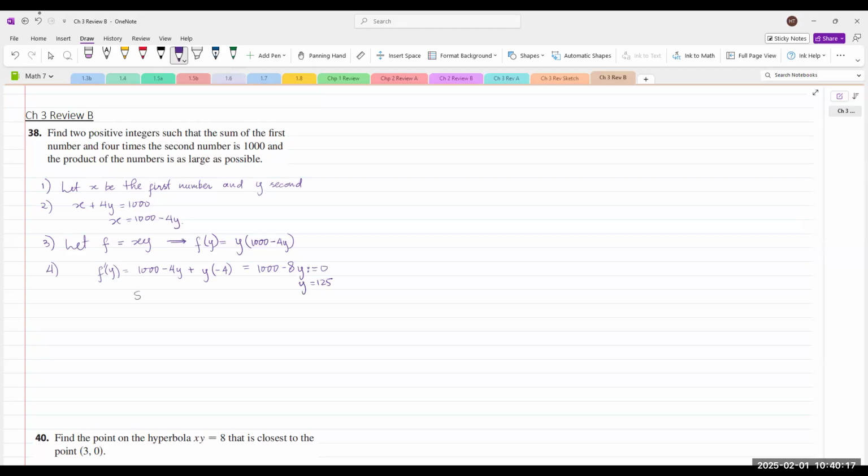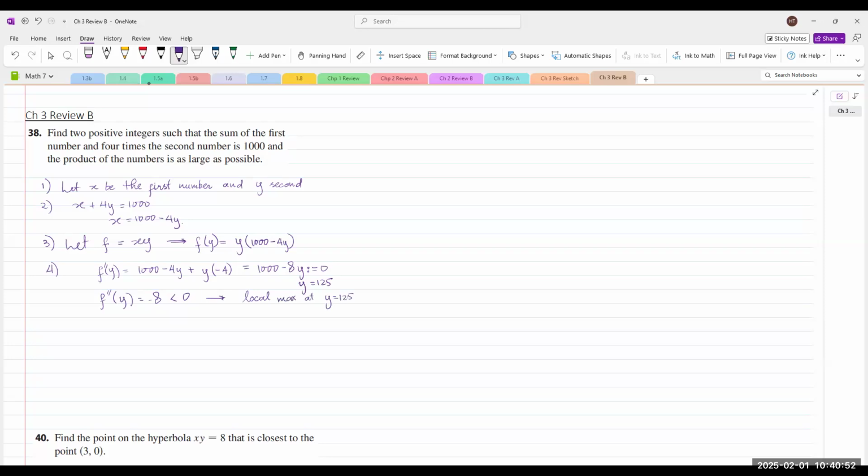So do the sign graph, or you can also do the second derivative. The sign graph, you know what? The second derivative is easier here. So the second derivative is negative 8, which is always negative, which means that's a local maximum at y equals 125.